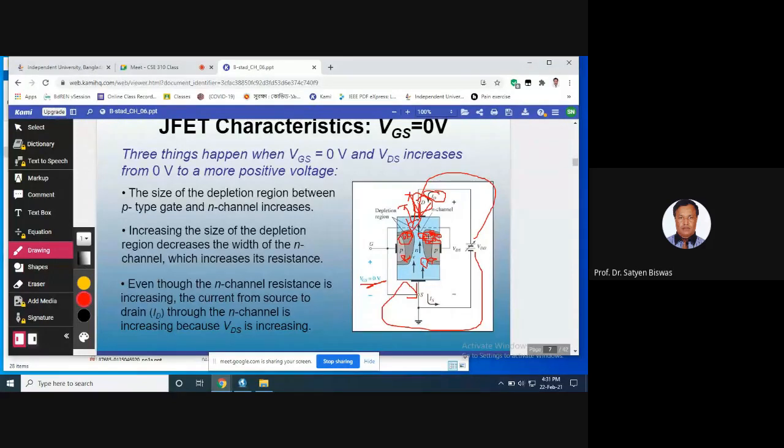If we need to make the depletion region bigger, then what do you do? What kind of voltage do you apply? Cannot remember? Forward bias or reverse bias? Sir, reverse bias. Reverse bias, good.